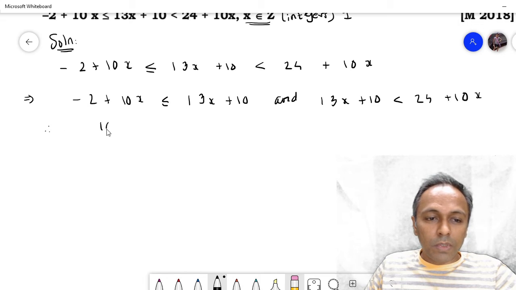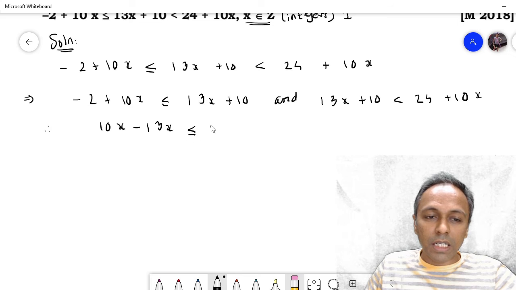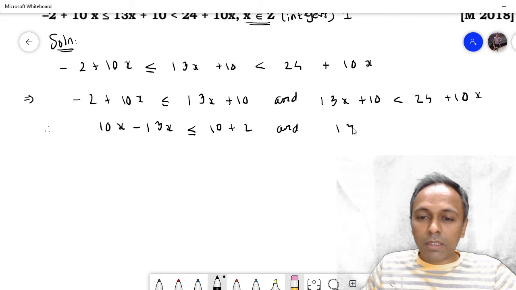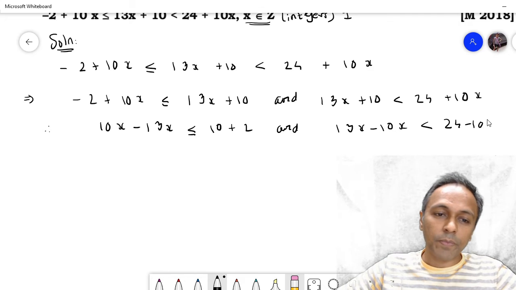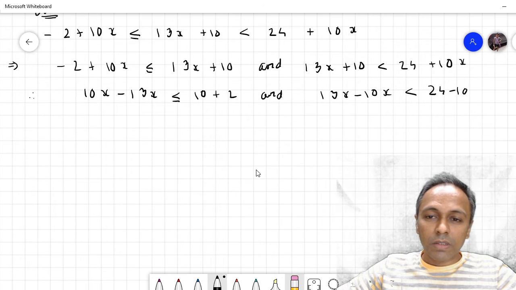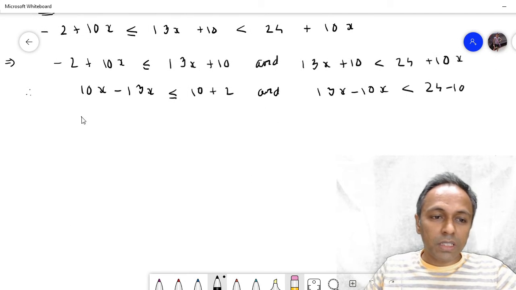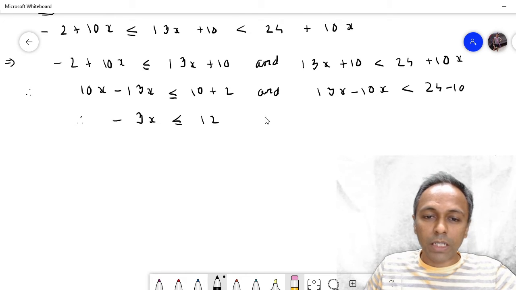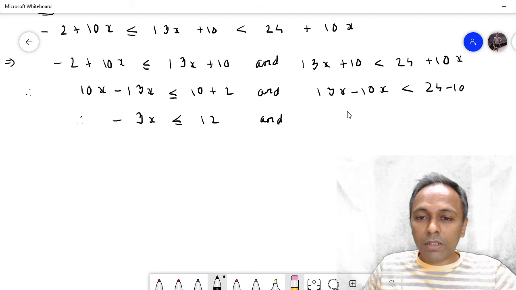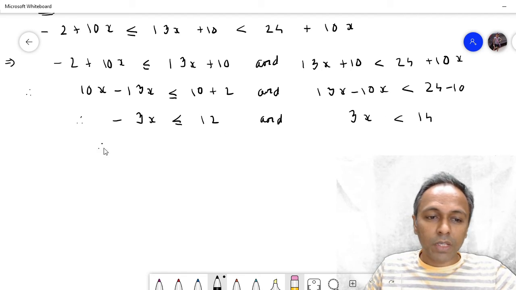Therefore 10x minus 13x is less than or equal to 10 plus 2, and 13x minus 10x is less than 24 minus 10. So this is -3x is less than or equal to 12, and here you have 3x less than 14.